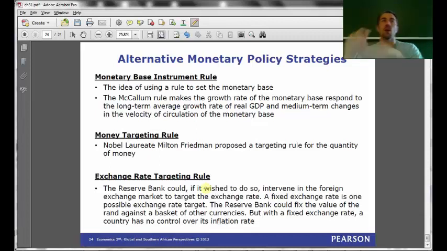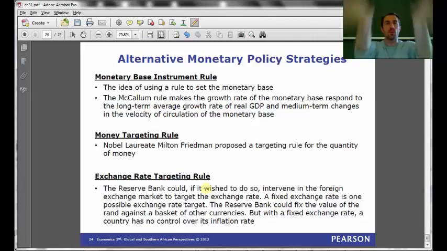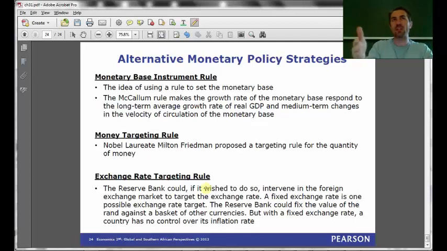And you buy or sell dollars by basically injecting money into foreign exchange markets or taking money out of foreign exchange markets, which is the same as injecting money basically into not necessarily your economy, but the global economy. And then that will have potentially inflationary effects. But what you're targeting is not inflation. What you're targeting is exchange rate.